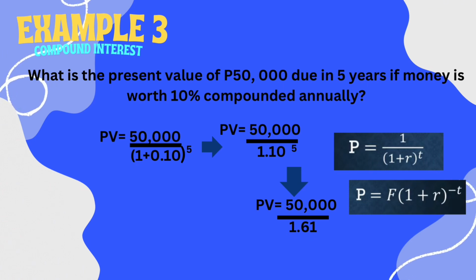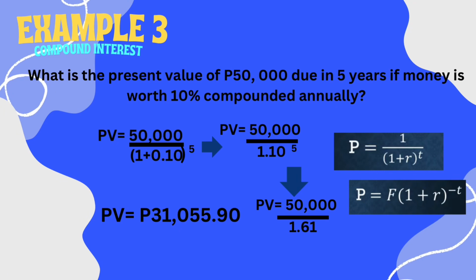So, ito yung gagamitin natin formula para makuha yung ating principal value. So, future amount, 50,000 divided by 1 plus rate raised to time. Yun lang. Simple lang po yung ating formula. So, pag kinumpute natin lahat-lahat, yung initial amount natin is equal to 31,055.90 pesos.